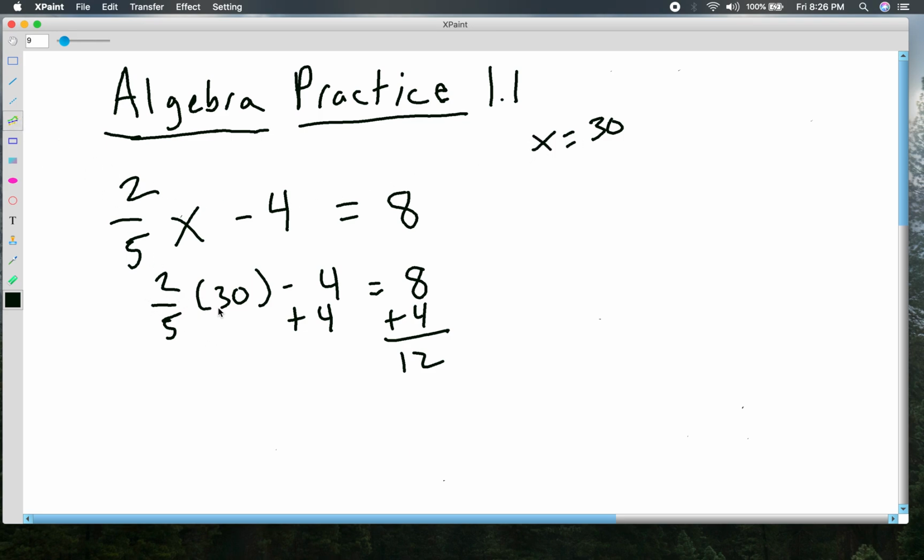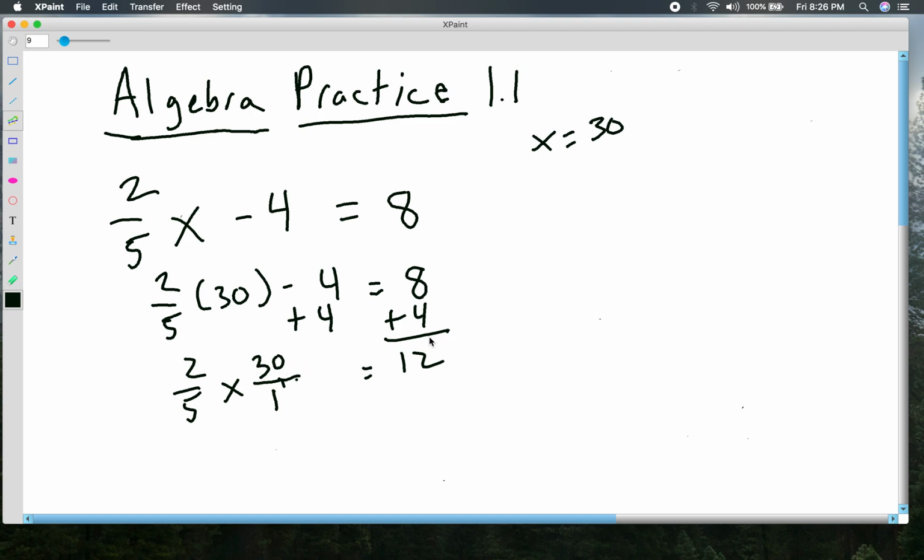All right, so 12 equals, remember 2/5 here next to the 30 with the parentheses means multiplication. So 12 equals literally 2/5 times 30, which is the same as 30 over 1.